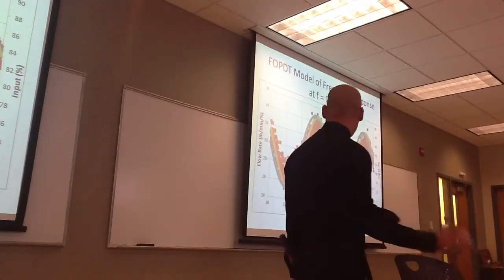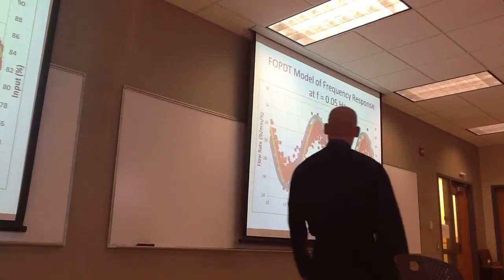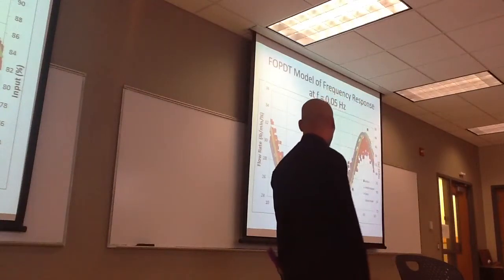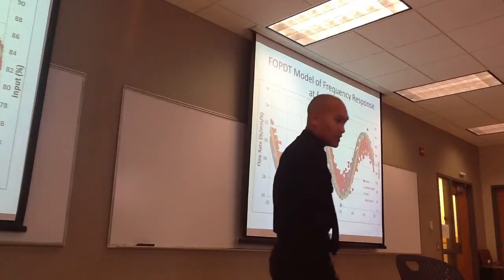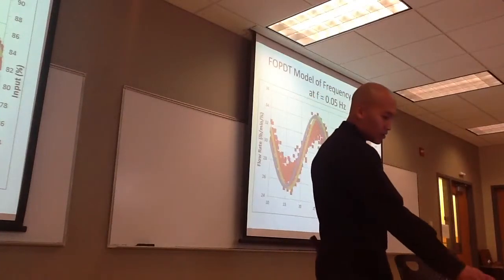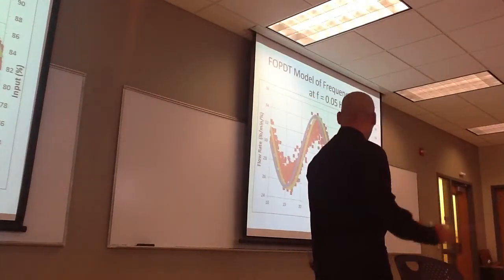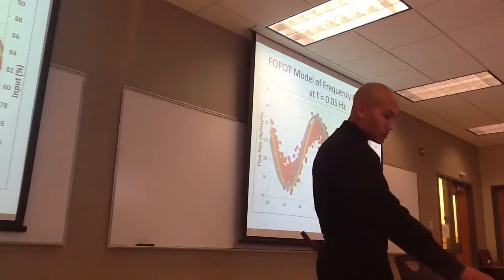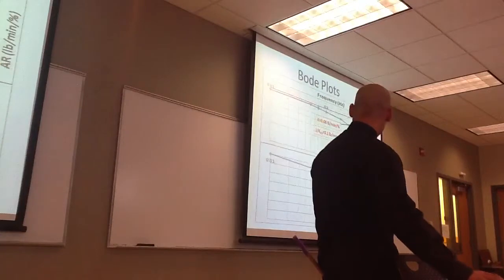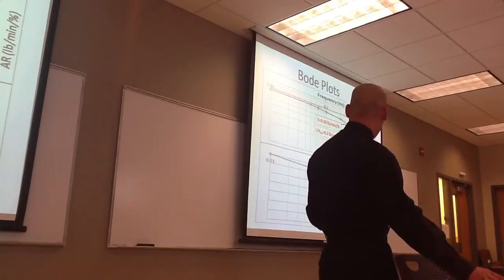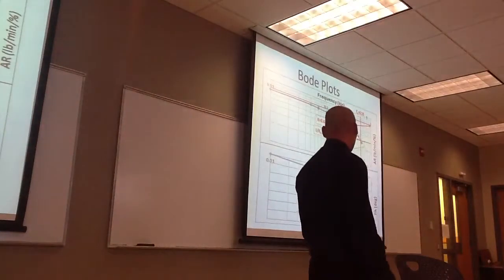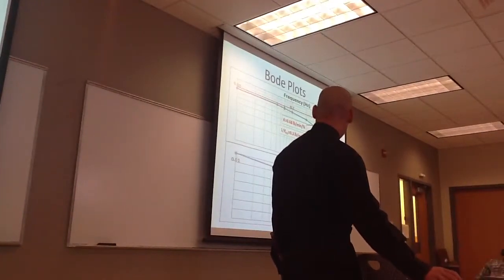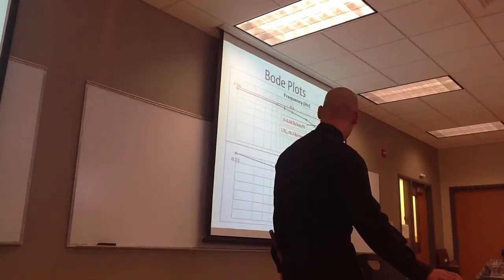And this is the FOPDT model for the frequency response at a frequency of 0.05 hertz. This is where you get your amplitude ratio and the phase angle, which allow you to do the multiplication. And from here you get the Kc.